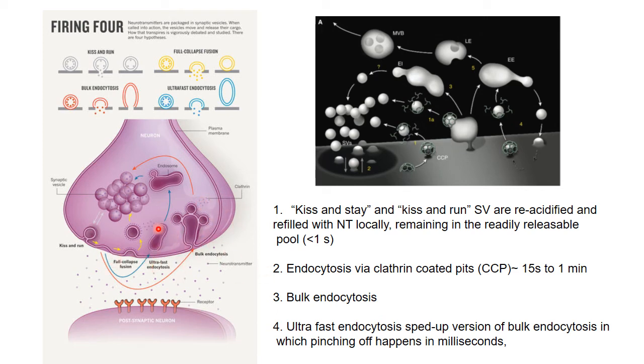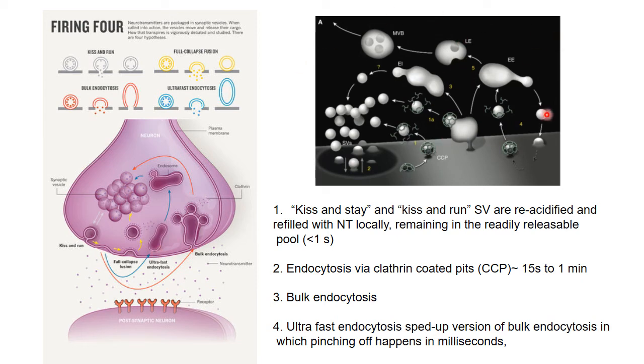That does not happen at the active site, and you can retrieve huge amounts of membrane. Now we also know there's something called ultrafast endocytosis, which is pretty much a sped-up version of bulk endocytosis. So it functions in shorter time scales, and is thought to be able again to retrieve a huge number of vesicles when there is high frequency stimulation.